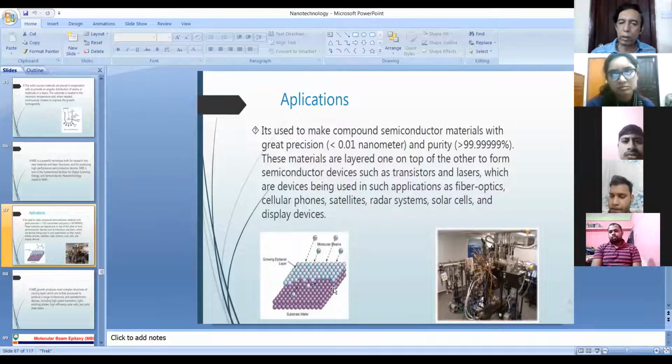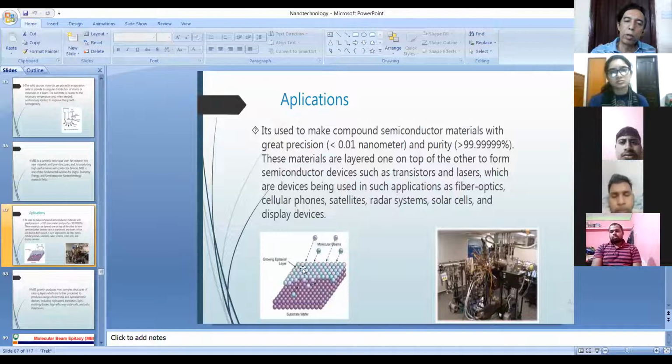For example, this is the silicon substrate, and this is a thin film of gallium arsenide. So you can engineer, you can prepare a thin film by your own choice. How? By your own choice? If you want that, you will make one.